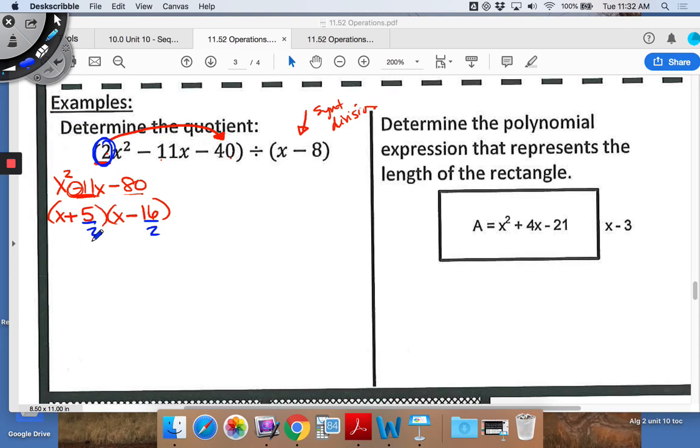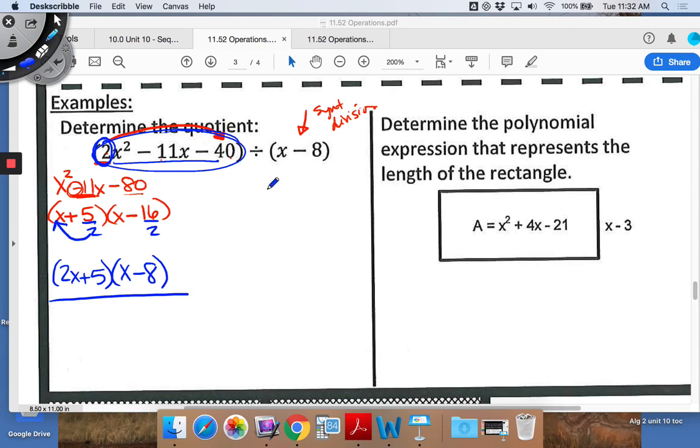This can't be simplified, so it's going to become 2x plus 5. This one I can simplify, so it's going to become x minus 8. So I factored this trinomial. So instead of writing it like this trinomial, I'm writing it like this, divided by x minus 8.